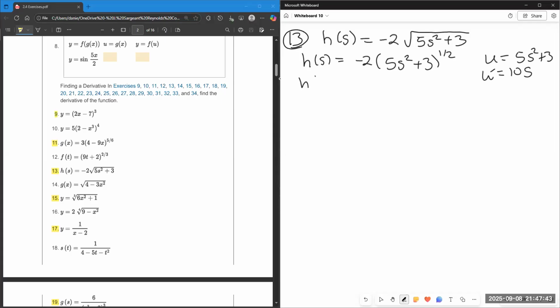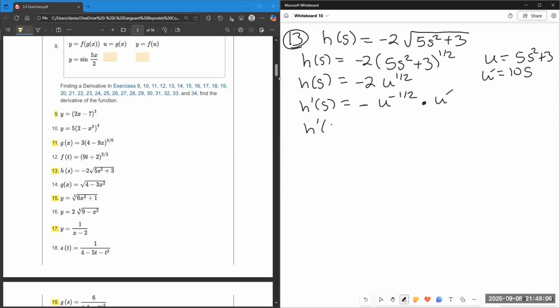H of s is a negative 2 u to the 1/2 power. H prime of s will be a negative 1. Half of negative 2 is negative 1. U to the 1/2 minus 1 will be negative 1/2 times u prime.